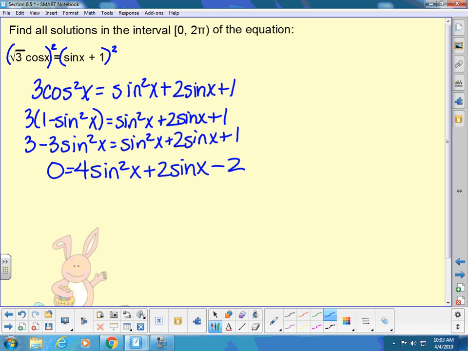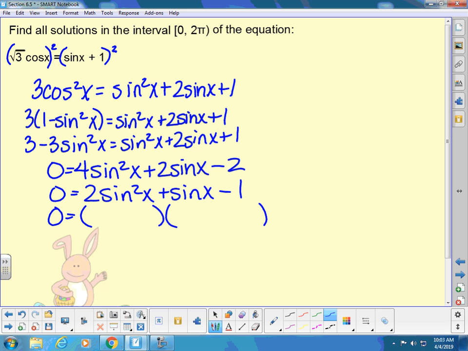If you're having trouble with the 4, because I think it gives you too many options, what could you do? Divide everything by 2. Reduce it. Good. Okay. And then 2 sine and sine. 1 and 1. And my plus has got to be here.